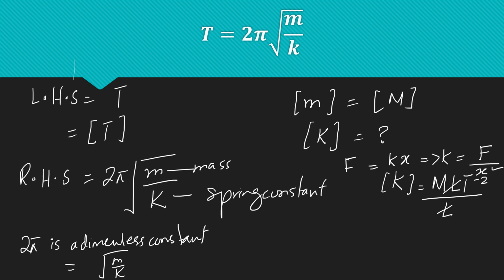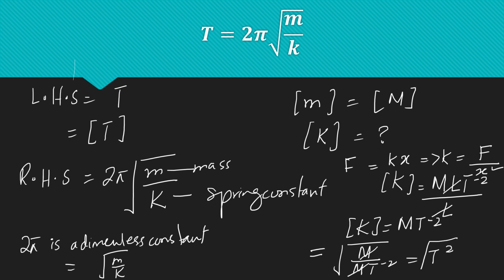So L cancels out, so the dimension of k will be M T minus 2. Okay, if I substitute this in this equation, under root m over M T minus 2, so m will cancel out, and if I take T on the numerator, it will be T square under root.